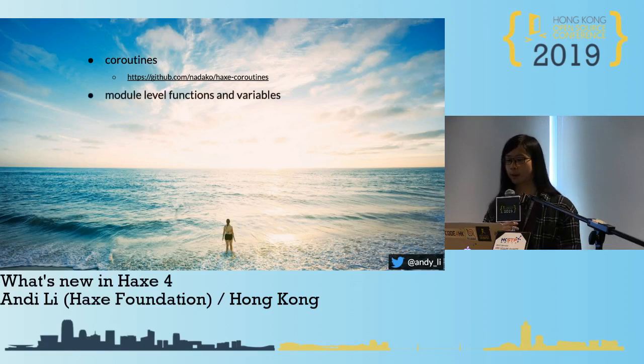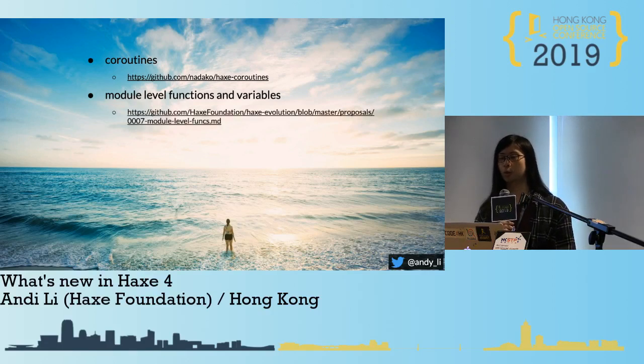And then we have module level functions and variables. Right now you always have to declare a class to hold all the variables and functions. There is no top level function. We plan to have module level functions, kind of like top level functions, so you don't always have to write a class to hold your main function or your utility function.